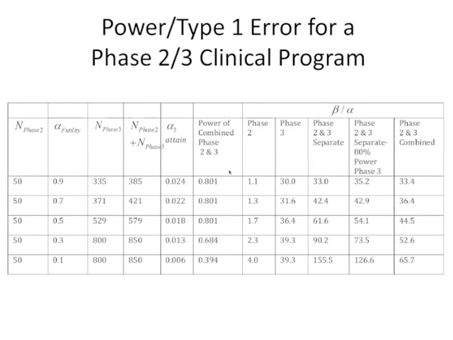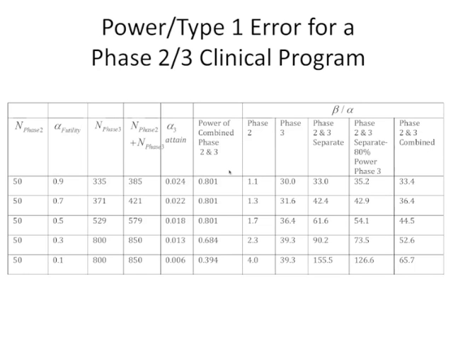Okay, so here we have a table that describes power over type 1 error for a phase 2-3 clinical program. And we can see here what the impact of the phase 2 futility boundary is on the power and the ratio of power to type 1 error for the phase 2-3 clinical program as a whole.